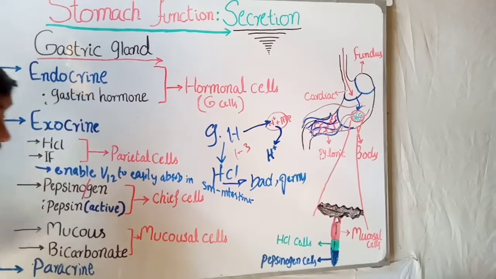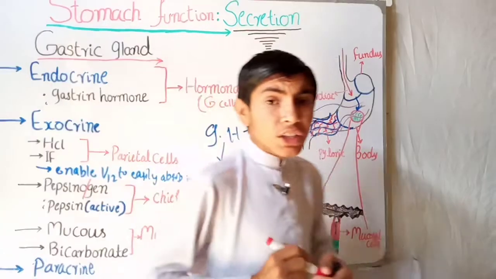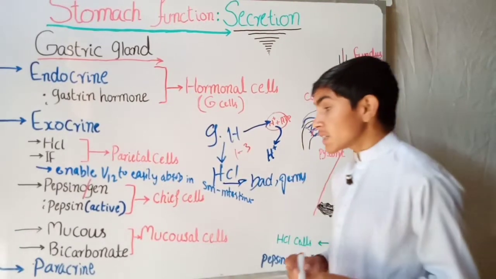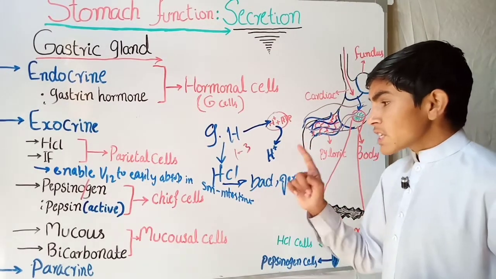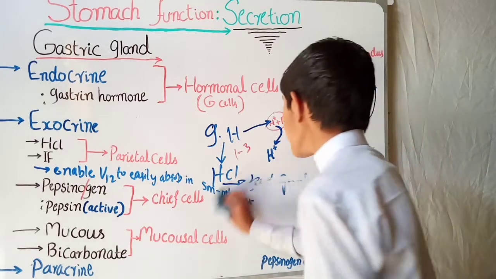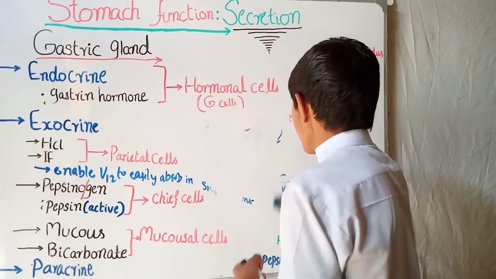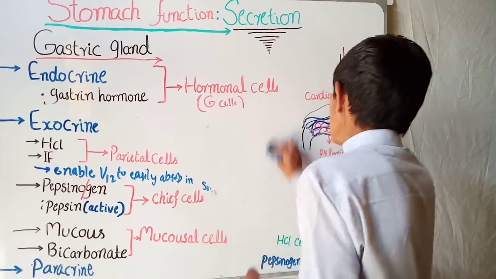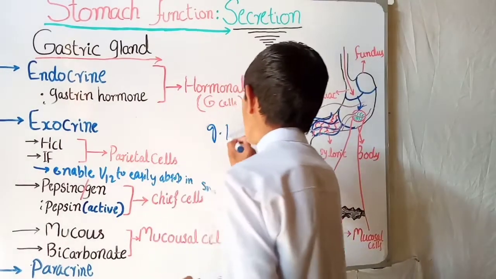This part is usually used to keep the enzyme inactive, and it becomes active with the help of the HCl. I write here that when the gastrin hormone comes here, this is a gastrin hormone.